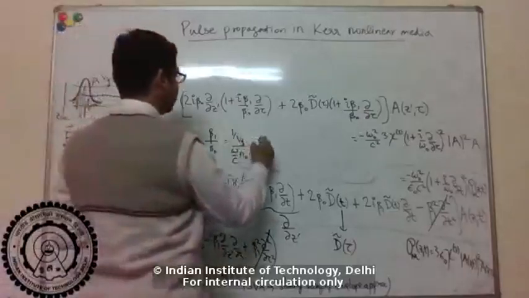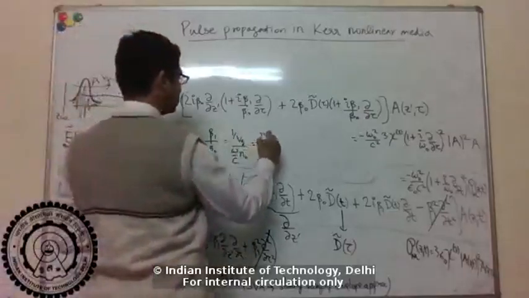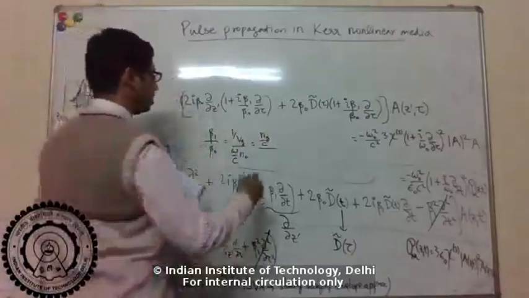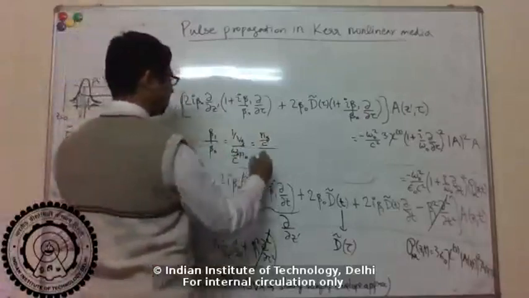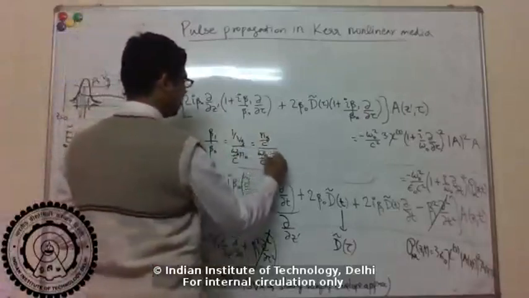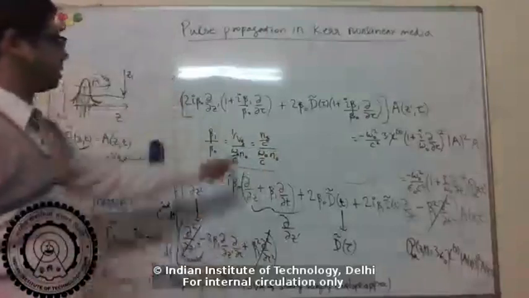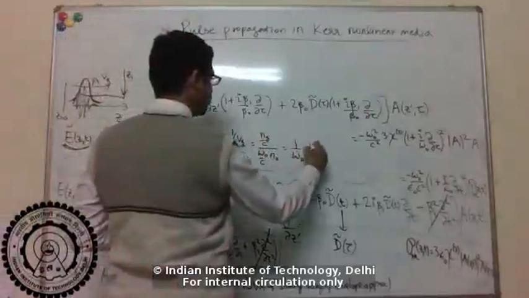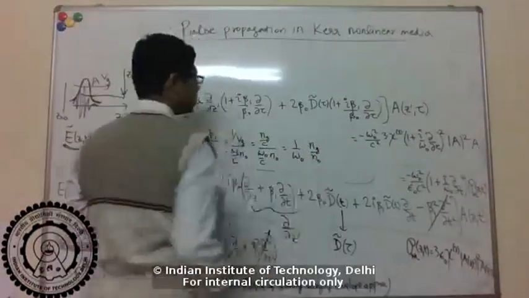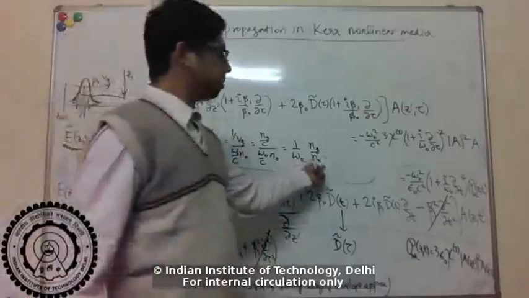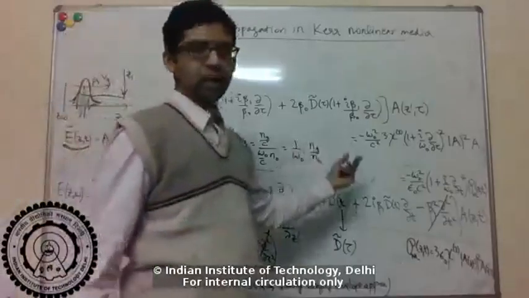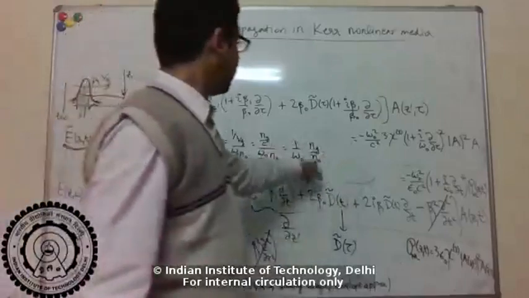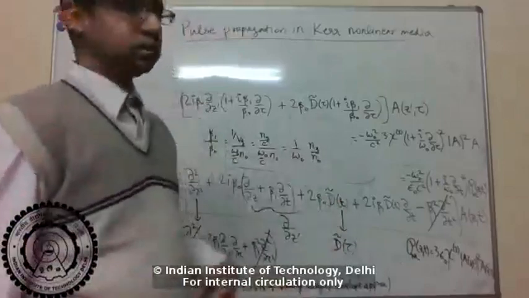So this Vg we can write as C over Ng, which is the group index, Ng. So this is omega naught. We have omega naught by C n naught. So C's get cancelled, and you can see this is basically 1 over omega naught times Ng over n naught. Right? So n naught is the bare refractive index, or the usual phase refractive index, and Ng is the group refractive index.